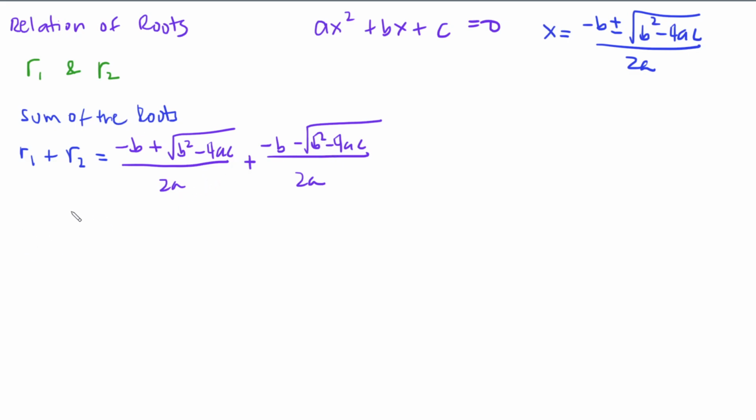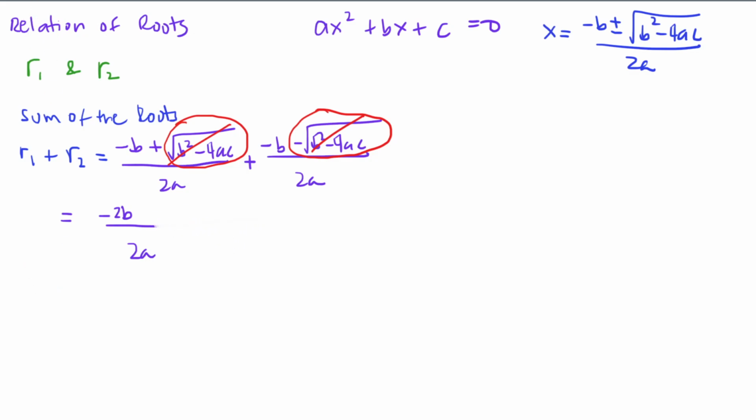So that is equal to, just copy the denominator since that is a common denominator, and then add the numerators. Negative b plus negative b, so I have negative 2b. This radical minus this radical will cancel out, since the positive square root of b squared minus 4ac minus the square root of b squared minus 4ac cancels.